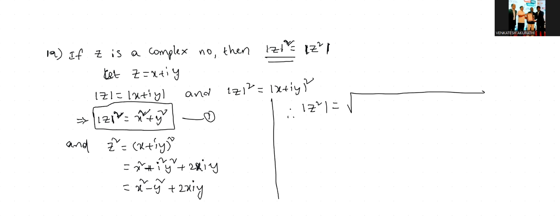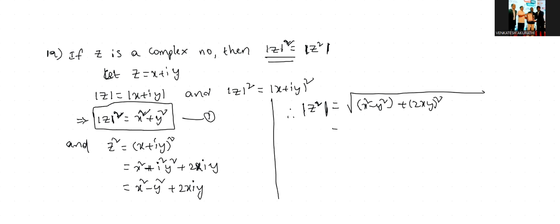That is equal to x square minus y square plus 2x I y. Therefore, mod z square is equal to root of, I am taking the length, the modulus: x square minus y square whole square plus 2xy whole square.